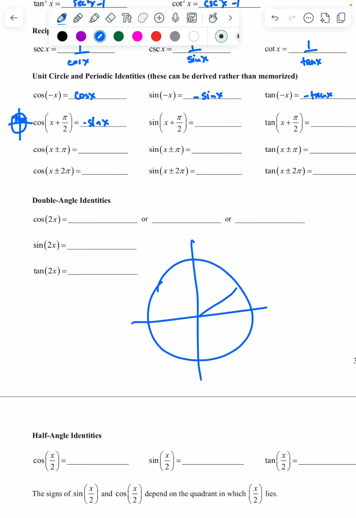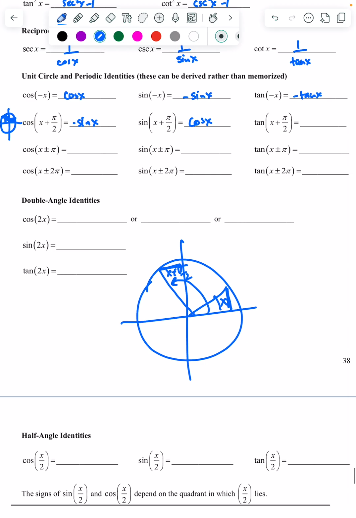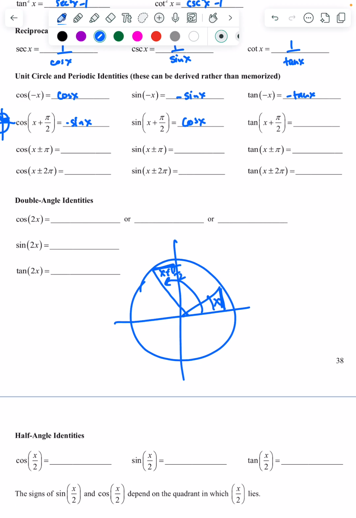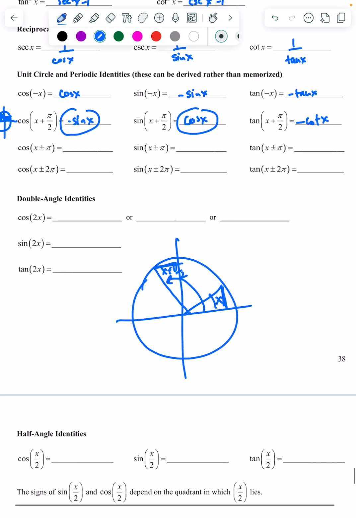You can see x is here, and this is x plus pi over 2, or pi over 2 plus x. The sine of this is the same as the cosine of that. So sine here is going to be just cosine. And the tangent is the ratio, but it's going to be the ratio of sine over cosine, which now is cosine over negative sine. So it's going to be negative cotangent of x.